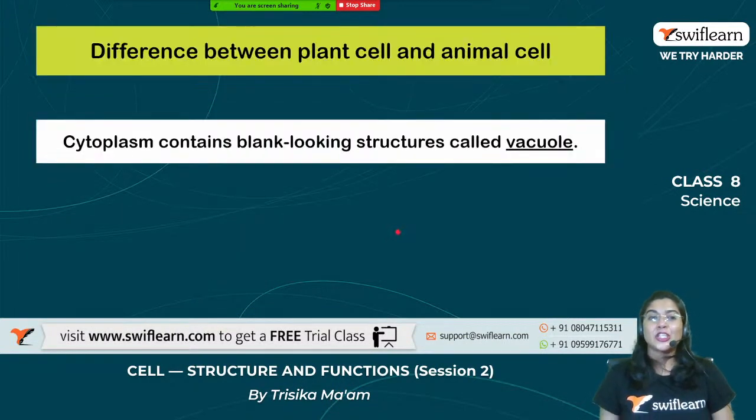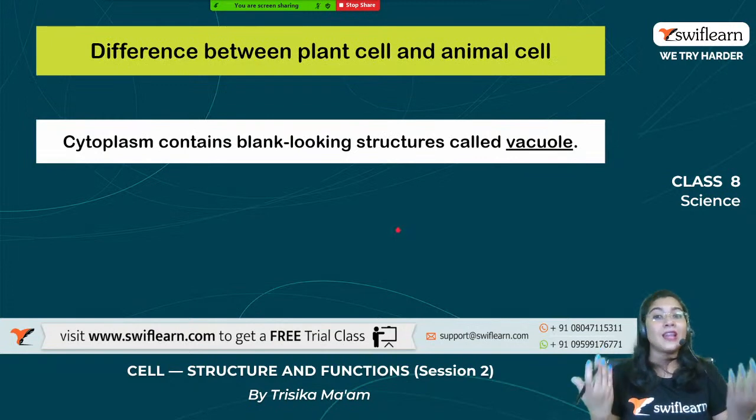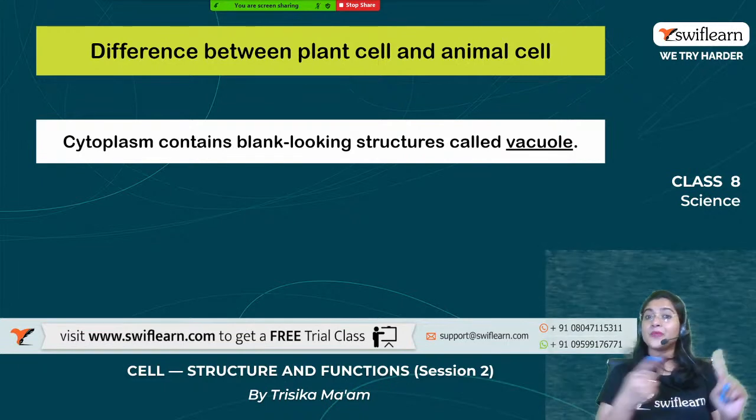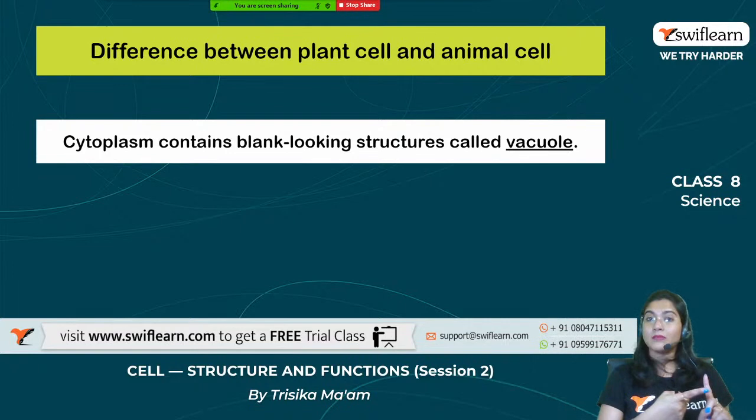So let's move on to the last topic of discussion for today's session, that is the differences between plant cell and animal cell. We have already studied all the parts of the cells. What are they? The cell membrane, the cell wall which is present in the plant cell. We have mentioned the nucleus, a proper structure of the nucleus.